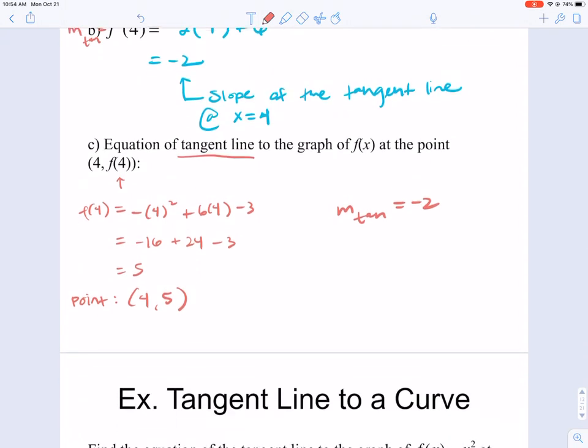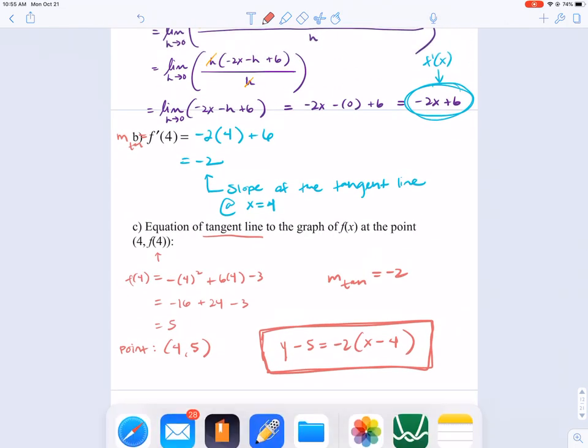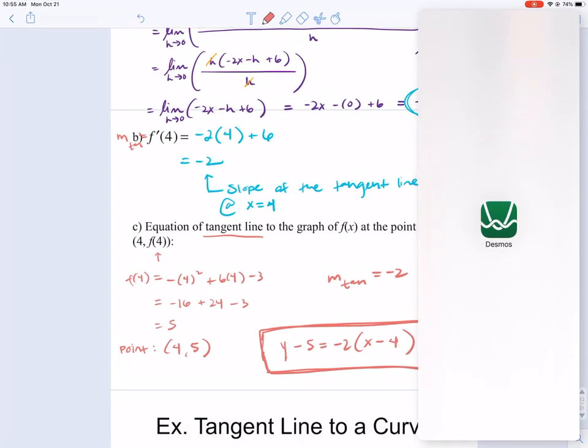So putting that information together, using point slope form, y minus 5 equals the slope times x minus 4. So this would be the equation of the tangent line to the point 4 comma 5 on the graph of f. And let's look at Desmos for a second.